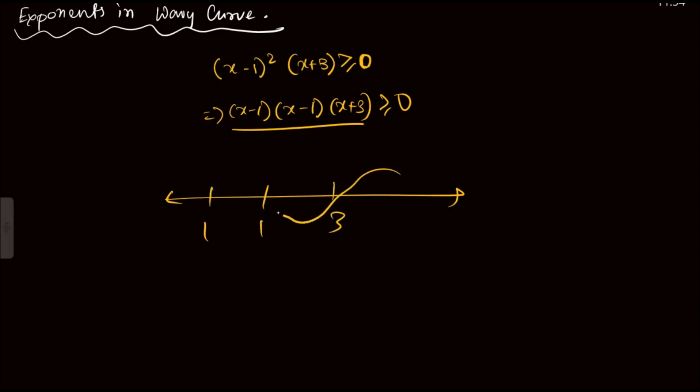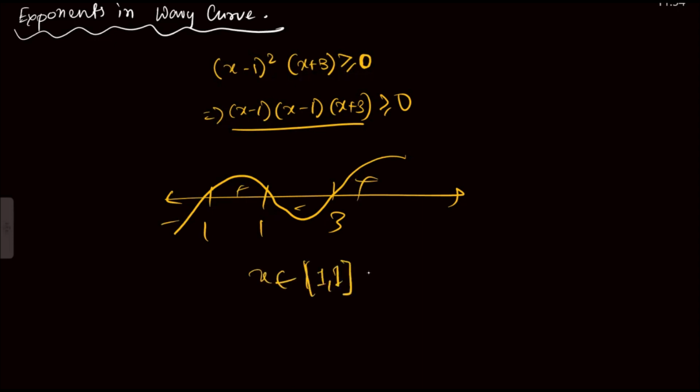Then we'll give plus minus, then x belongs to (1, 1) union (3, infinity). It doesn't make any sense. (1, 1) means the value of 1 only.